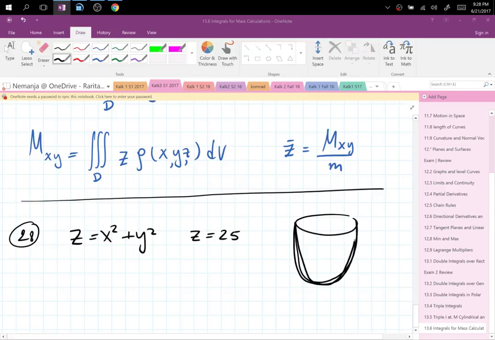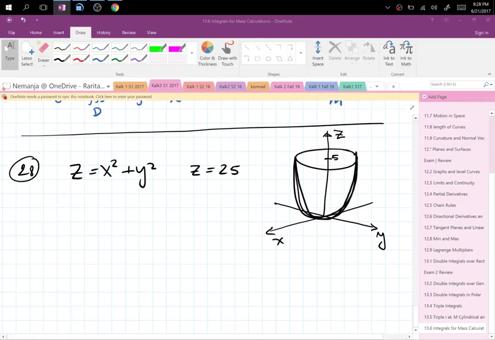It's a paraboloid. So now we set up our integral for the mass and solve that one first.